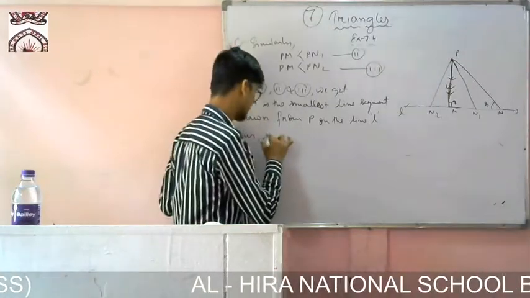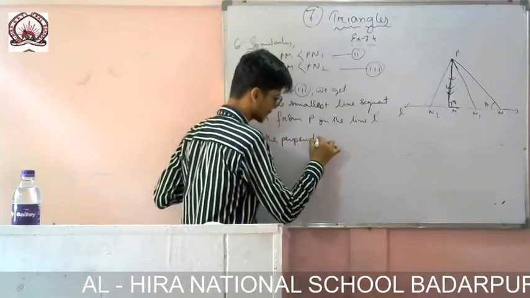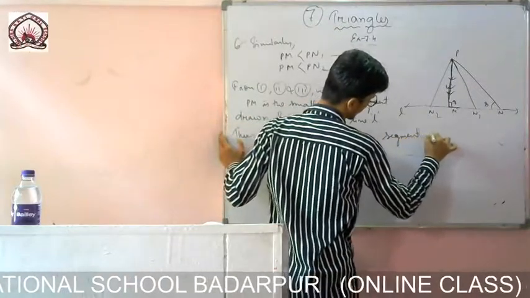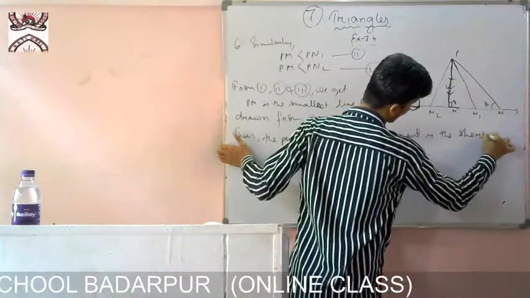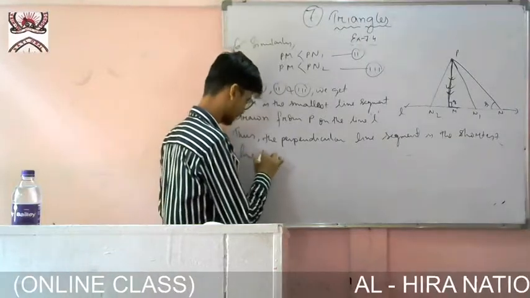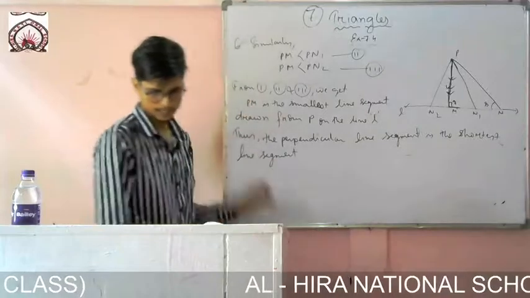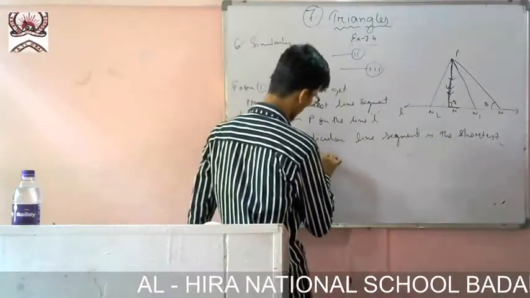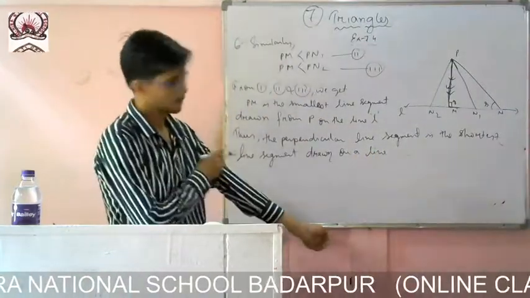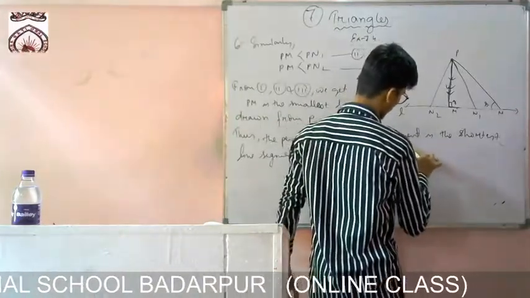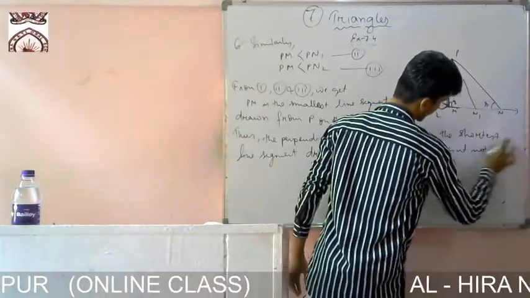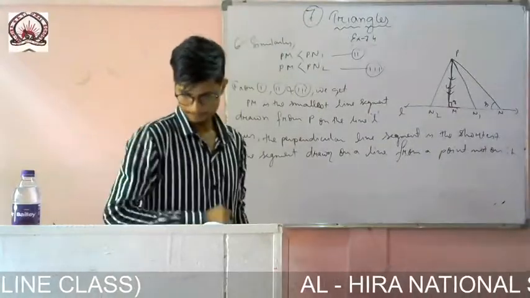So you write thus the perpendicular line segment is the shortest line segment drawn on a line from a point not on it.